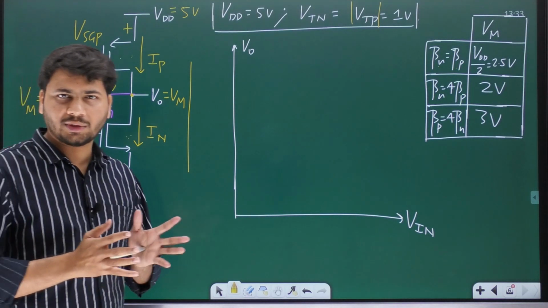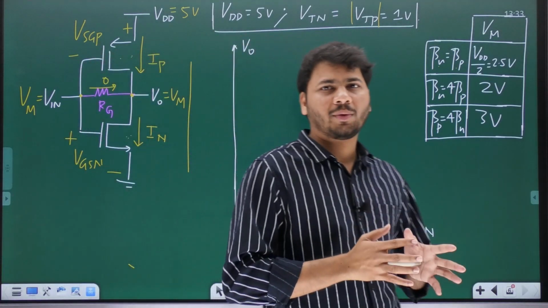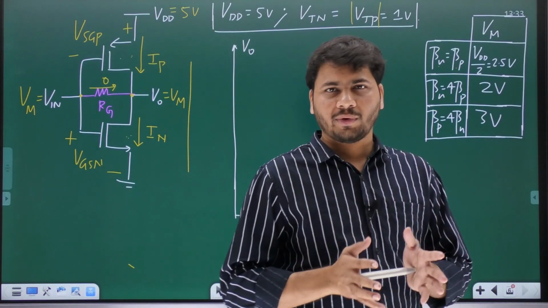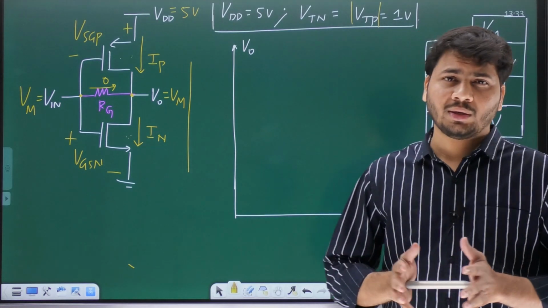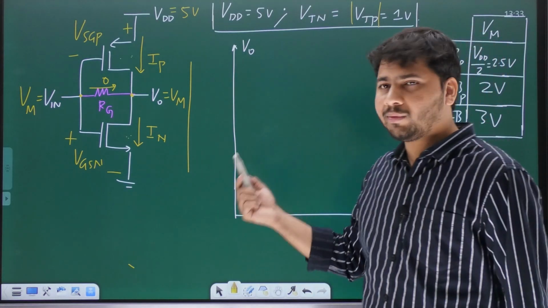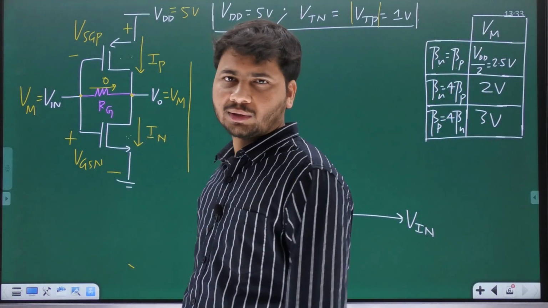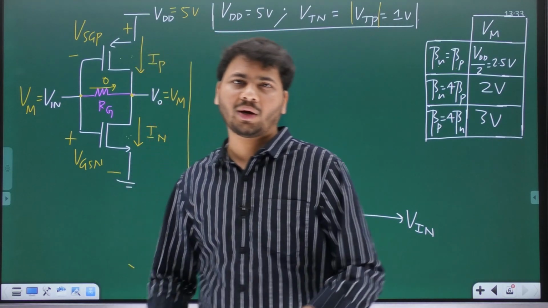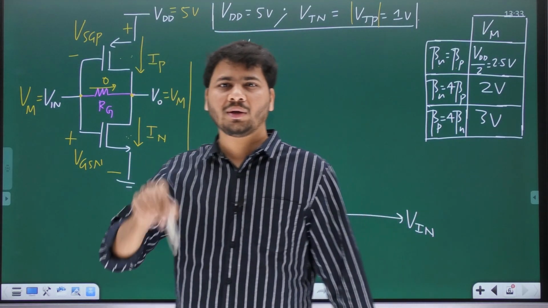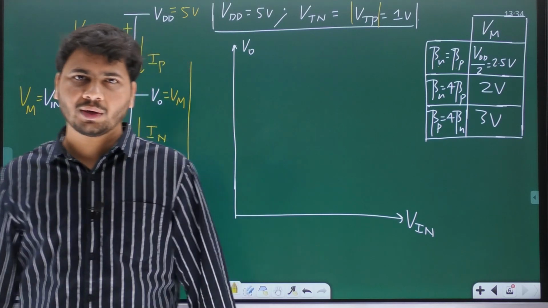And what is this switching threshold? It is the operating point or the point of intersection of V0 equal to Vin, because of connecting this resistance between input and output of the inverter, and the actual VTC of the inverter itself.